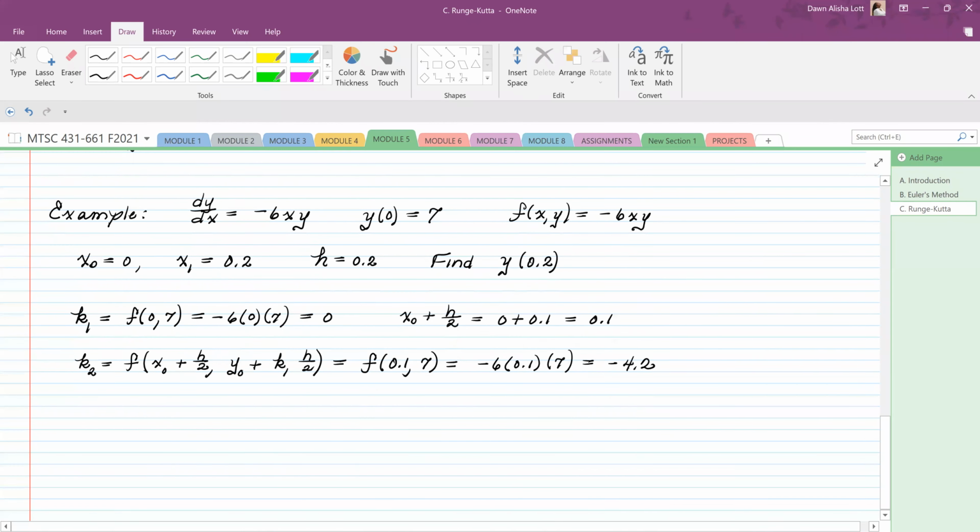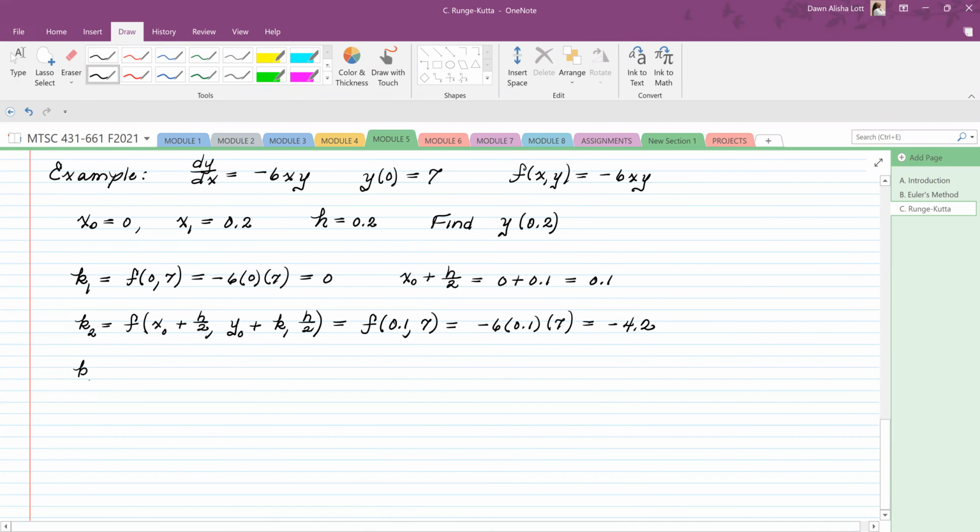Okay. K3 is f of x naught plus h over 2 again, but this is y naught plus k2 times h over 2. So now our x naught plus h over 2, this part is still 0.1. But the y naught now is still 7 plus k2, which is negative 4.2, times 0.1.